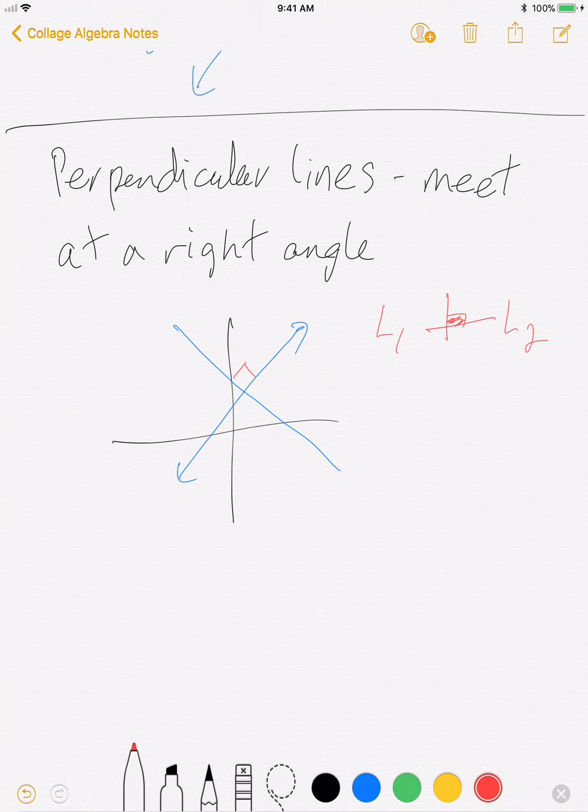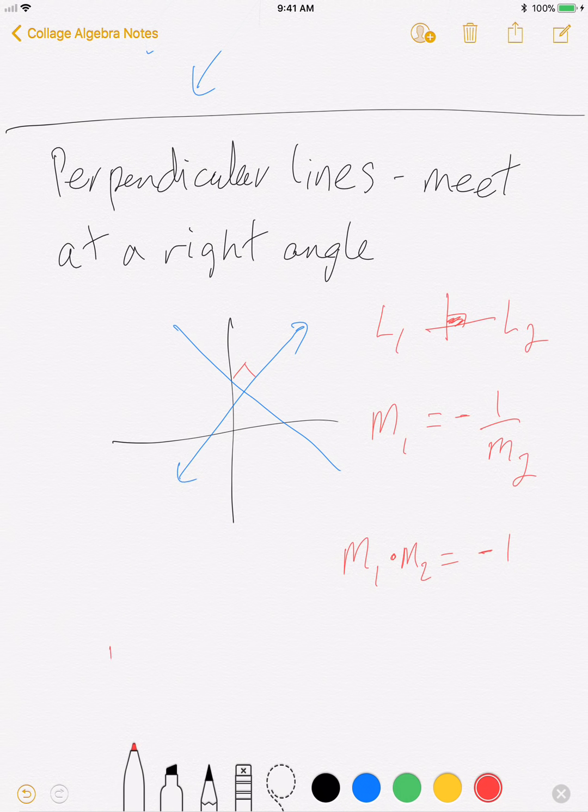In this case, the slope of the first line, M1, is equal to the opposite reciprocal of the other line's slope, M2. Another way of saying that is if you multiply the two slopes together, the answer will always be -1. And when you have that, you have two lines that are perpendicular to each other.